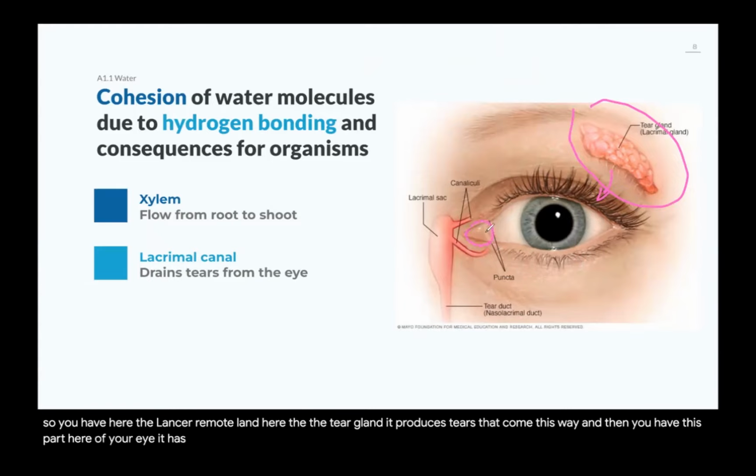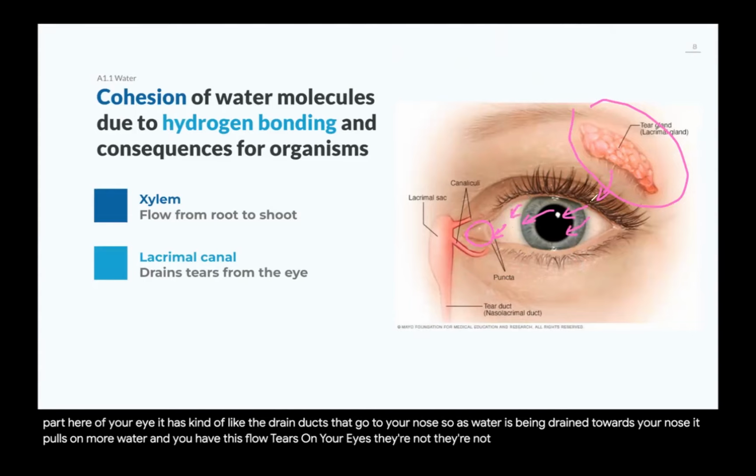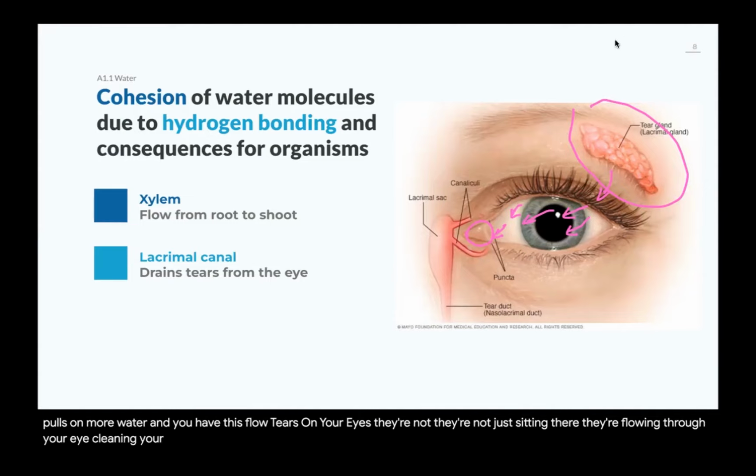It has kind of like drain ducts that go to your nose. So as water is being drained towards your nose, it pulls on more water, and you have this flow. Tears on your eyes, they're not just sitting there, they're flowing through your eye, cleaning your eye all the time, and this happens because of cohesion.